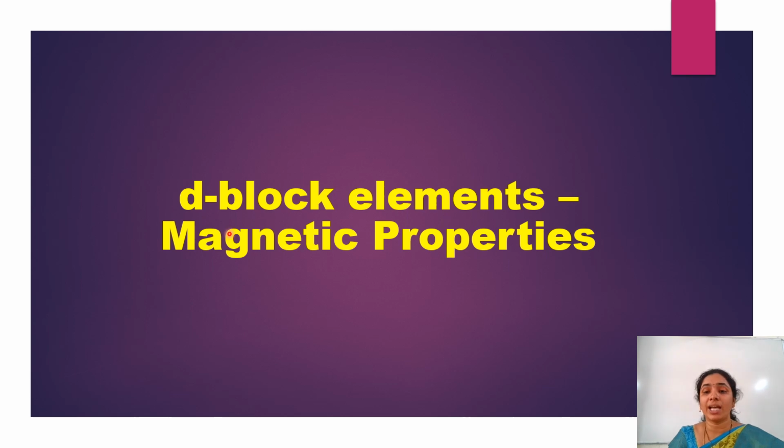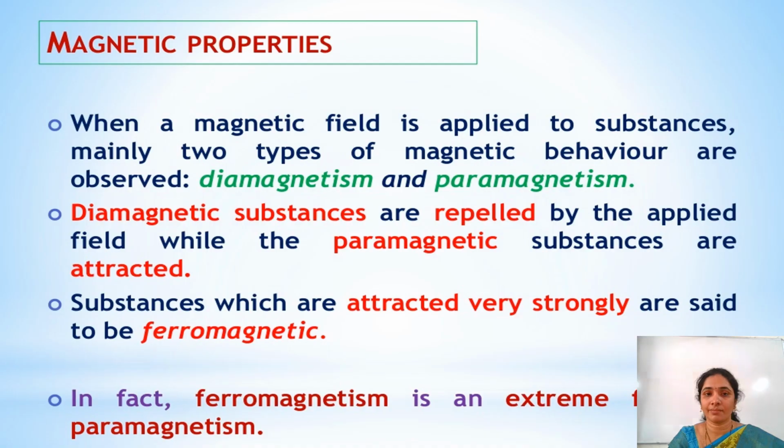Next, we will move on to the next property of d block elements, that is magnetic properties. For example, in order to know the magnetism of any substance, we should first place that substance in a magnetic field.